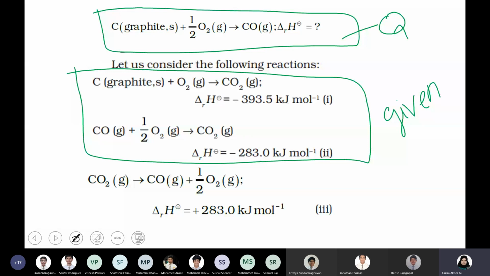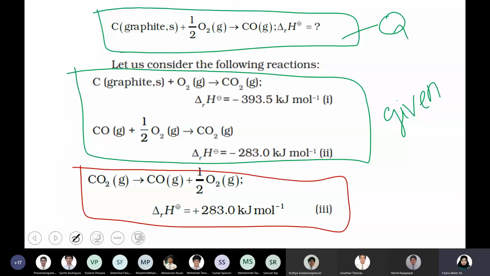That is why we reverse the equation, and you got equation number 3. After that you have to add equation 1 plus 3. Literally try it and see what final equation you are getting when you add equation 1 and 3.